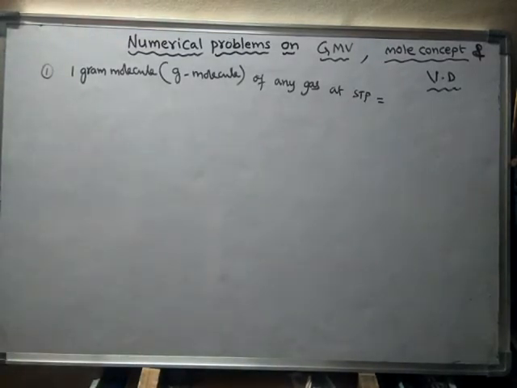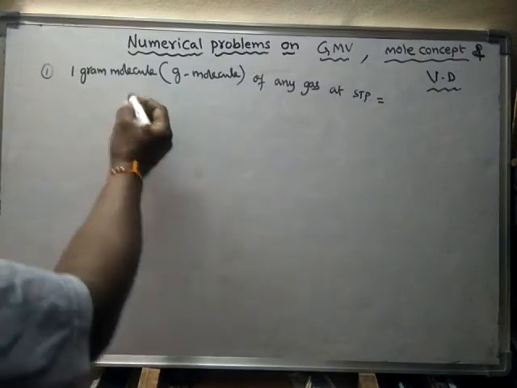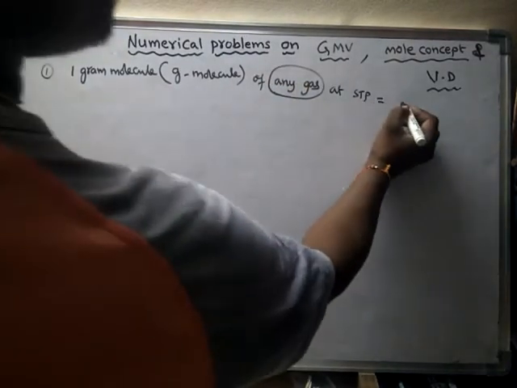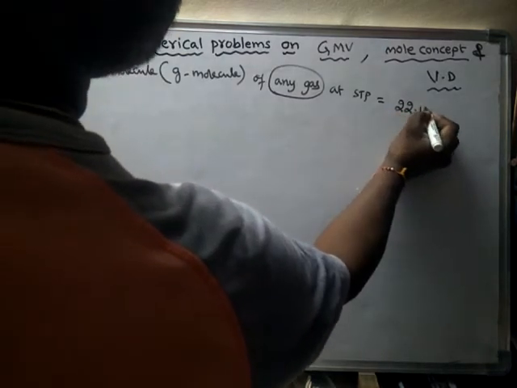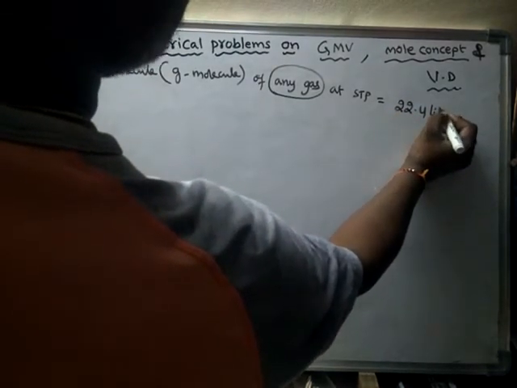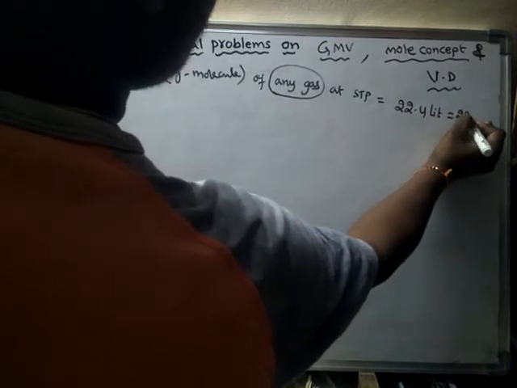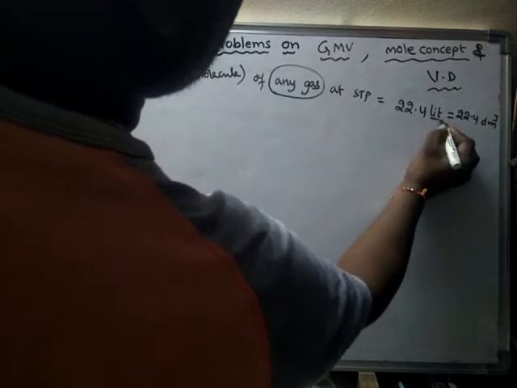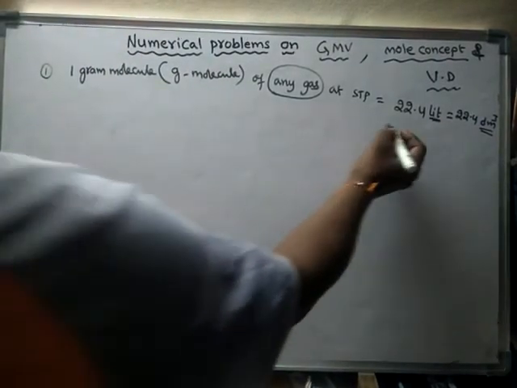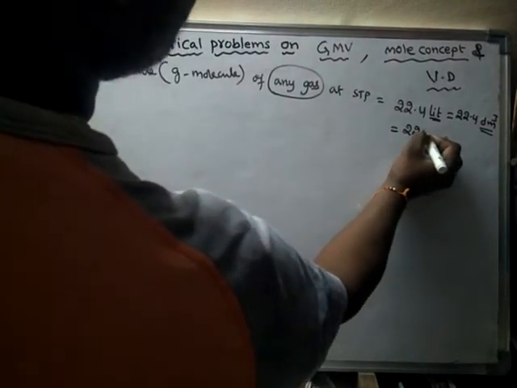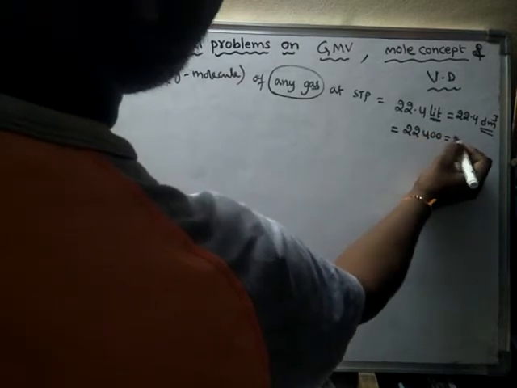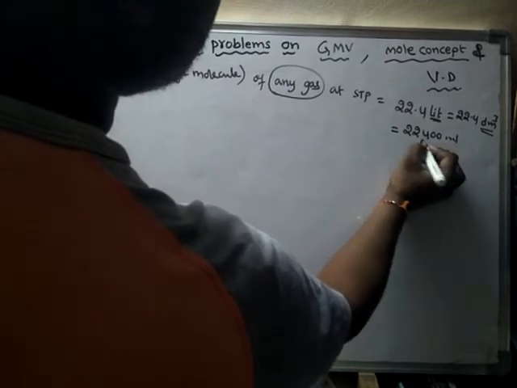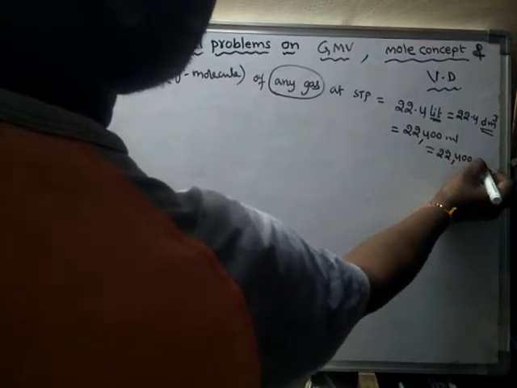Under these conditions, 1 gram molecule of any gas, whatever the gas may be, occupies 22.4 liters volume, or 22.4 decimeter cube. 1 liter is called 1 decimeter cube, or 22,400 milliliters, or 22,400 centimeter cube.